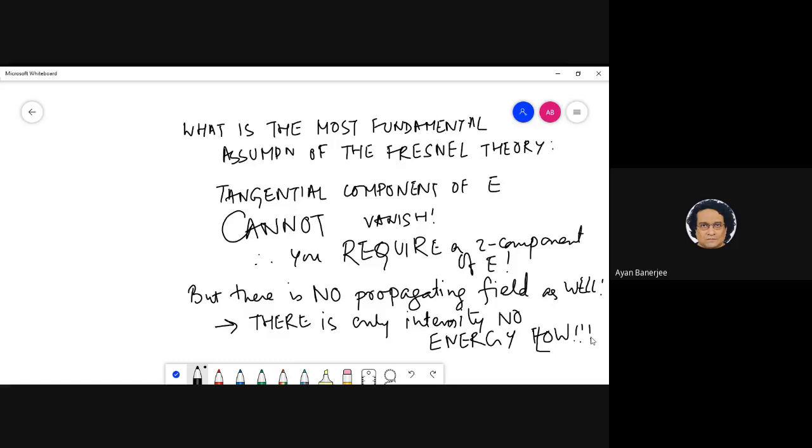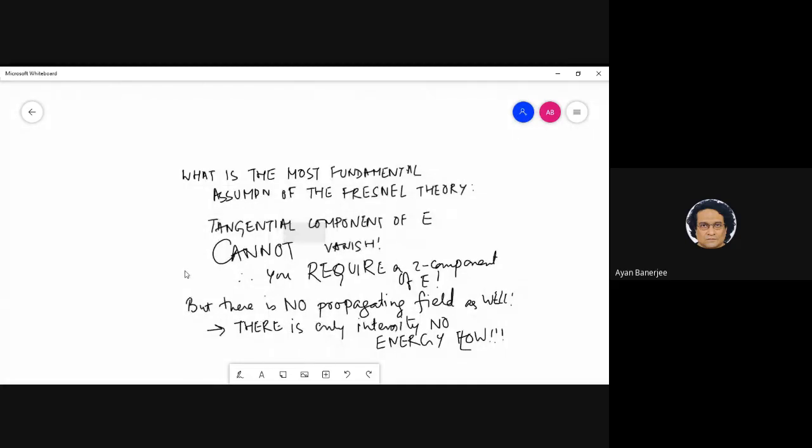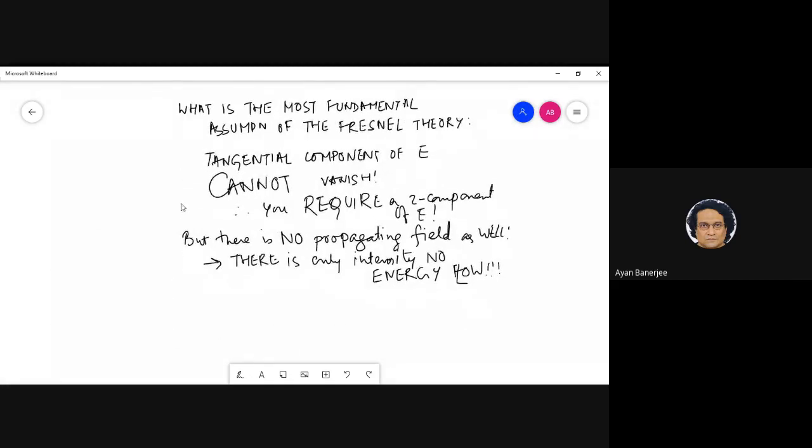You understand? This is a beautiful example of physics working, keeping the math perfectly consistent. I consider this as one of the greatest examples of how physics is different from math. Math is the language of physics.